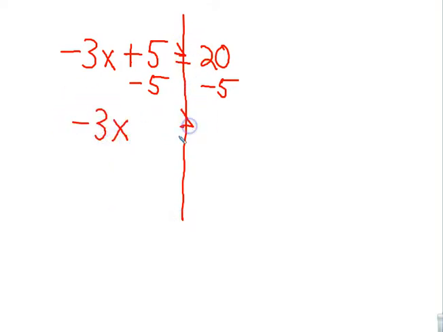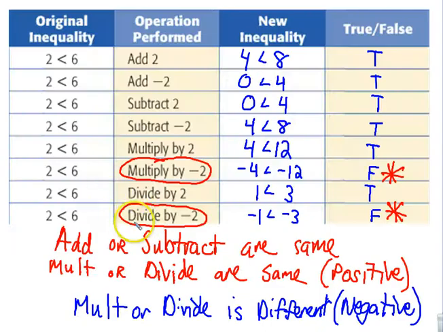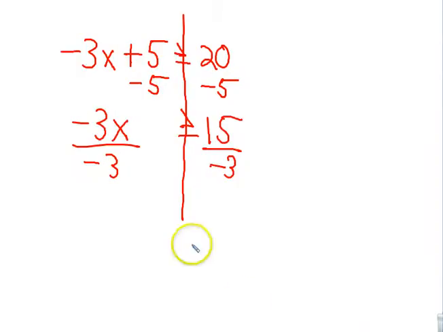Remember, I'm putting the inequality, and it's equal to 15. So watch what happens. I'm going to divide both sides by -3. You remember back here when I divided by a -2, it switched. It wasn't true. Well, let's see if this is going to be x.